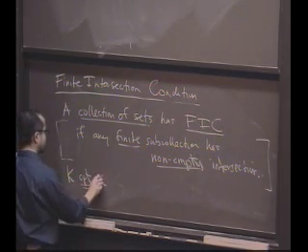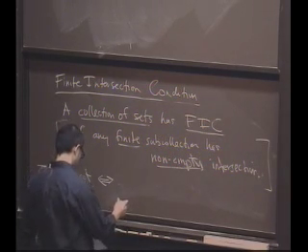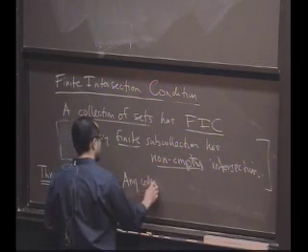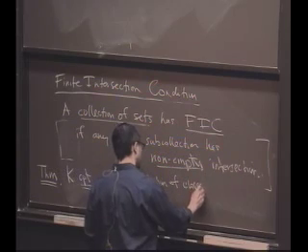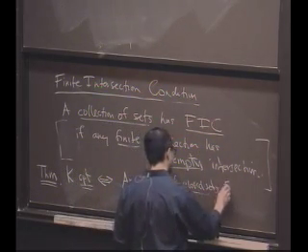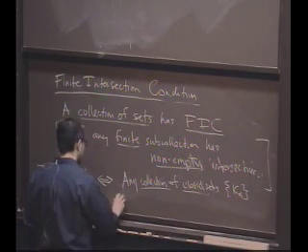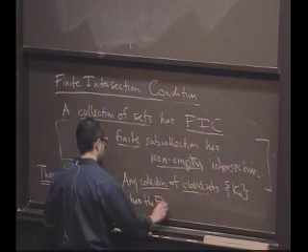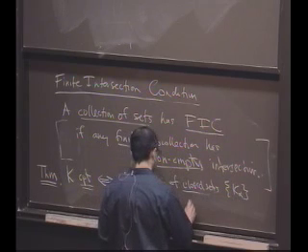So there's a theorem which says a set is compact if and only if any collection of closed sets K alpha, and the way we will say it is that has the finite intersection condition, has non-empty intersection.